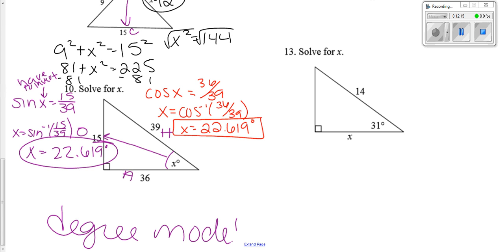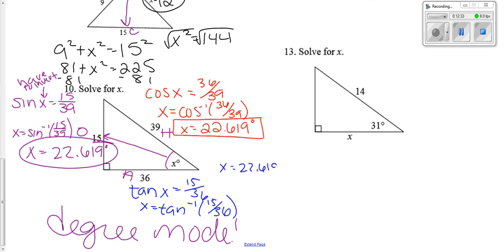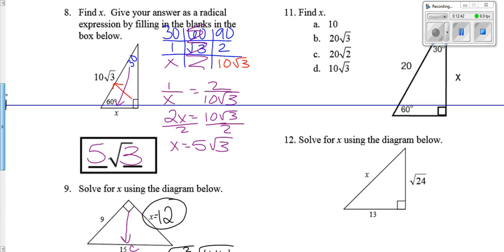And the last one, tangent of x would equal 15 over 36. So x would be the tangent inverse of 15 over 36. And I still get x equals 22.619 degrees. So you can use any one of my trig functions when you have all three sides and you still get the same answer.